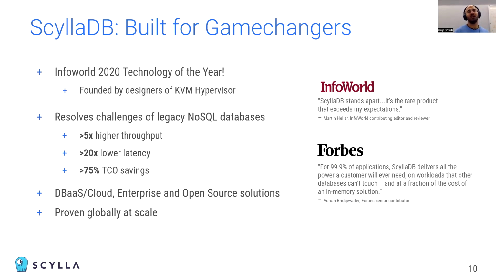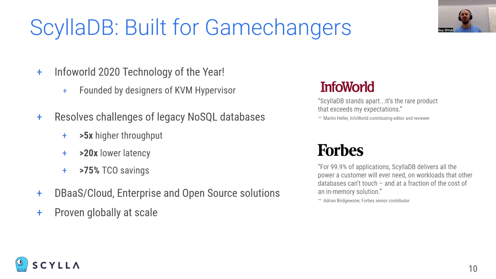And by working very close to the hardware and avoiding all kinds of problems that Cassandra has with Java, like garbage collection and other unexpected things that are hard to control, Scylla resolves some of the challenges of NoSQL databases such as Cassandra, and it provides up to 5 times higher throughput, up to 20% lower latency, and total cost of ownership that's quite low. You don't have to take my word for it. On our website, we have a lot of benchmarks, and you can play around and test it for yourself.